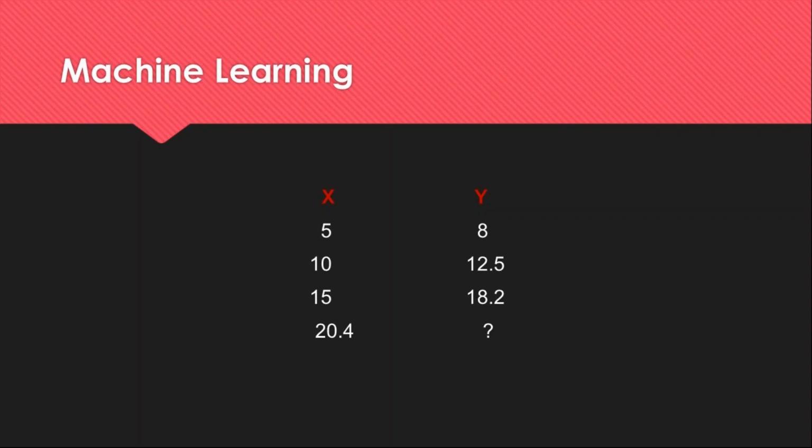If we solve this problem using machine learning, the machine will first learn from the starting three values, because at the start we have three input variables and three output variables. First the machine will learn from its data and find a particular algorithm, and by using that it will predict the value of y when the x value is 20.44.